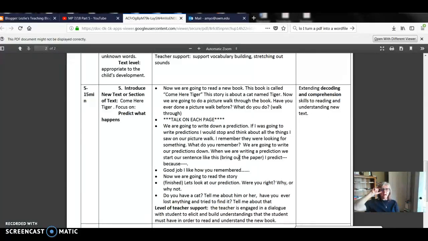And after she makes the prediction, or maybe while you just look at the front cover of the book, that's where that conversation happens, not at the end. I also think you have to help her think and read in phrases versus individual words, but that may be what you do on the reread. So I think that you did a nice job on this one. There were many good things.